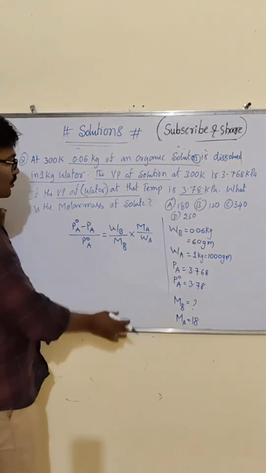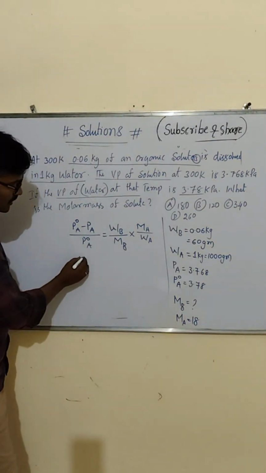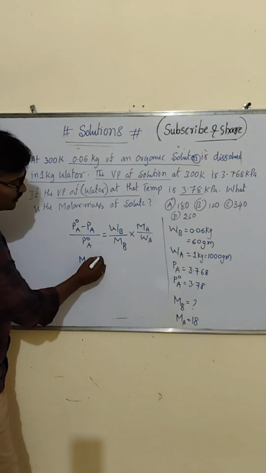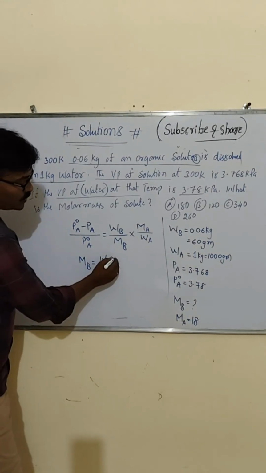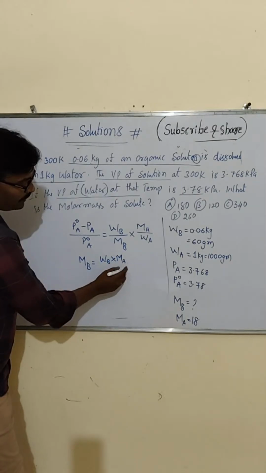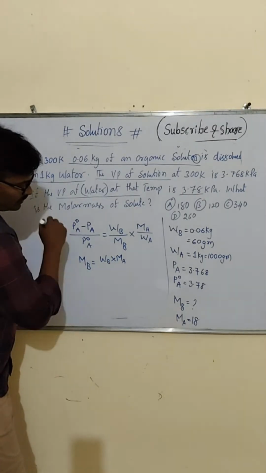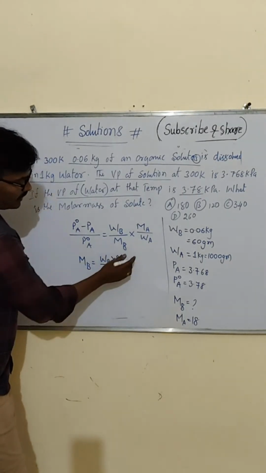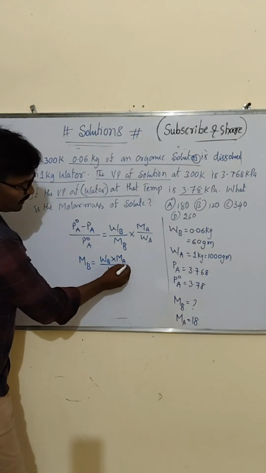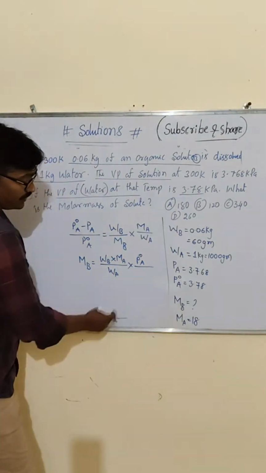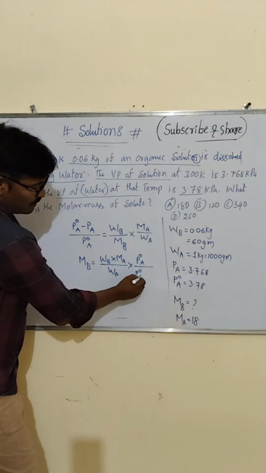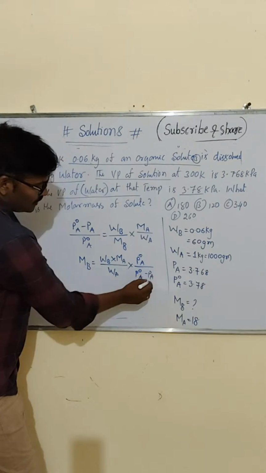Yes. So now, since molar mass of solute is required, MB equals WB into MA divided by WA into P naught A divided by P naught A minus PA. This is the formula.